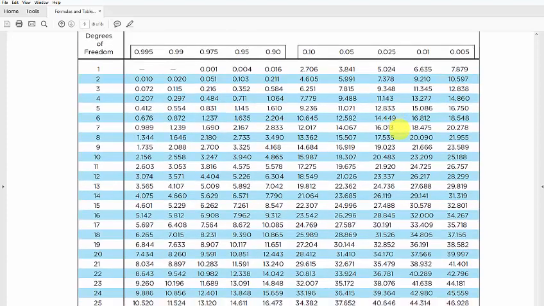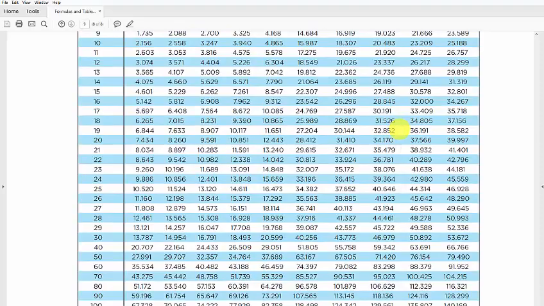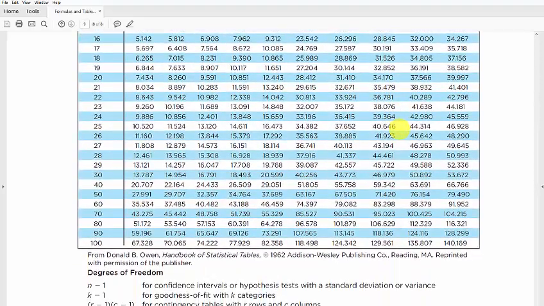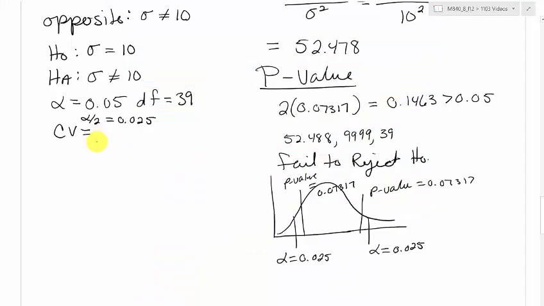And so when we go down to 40 degrees of freedom for that one, we find that our value is 59.342. So our two critical values are 24.433 and 59.342.